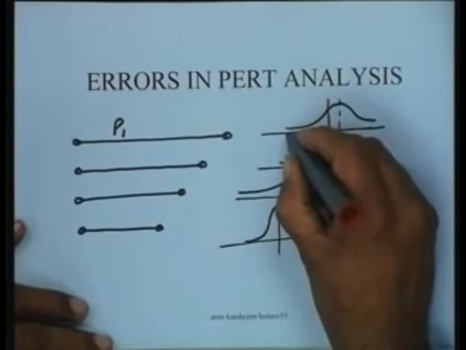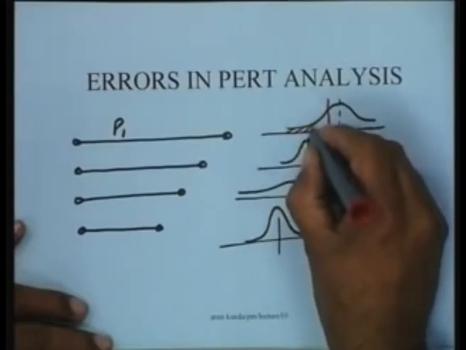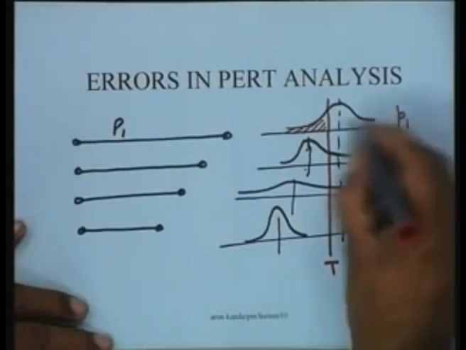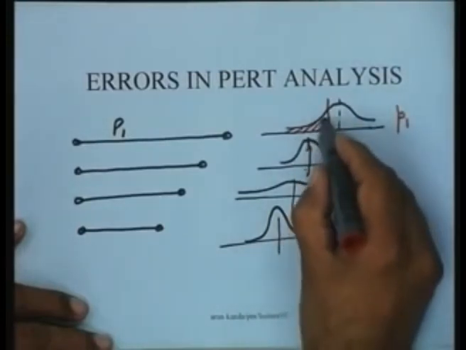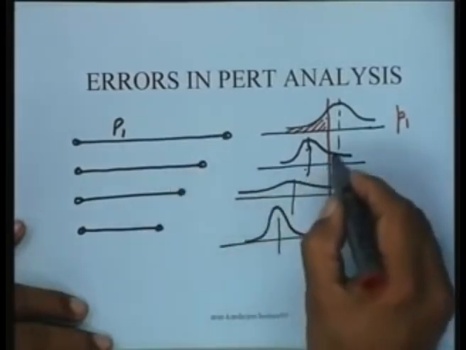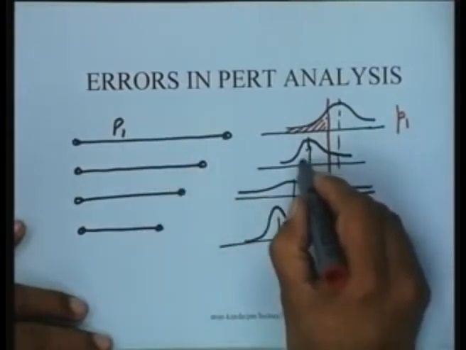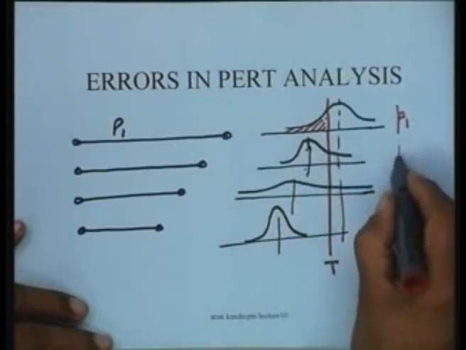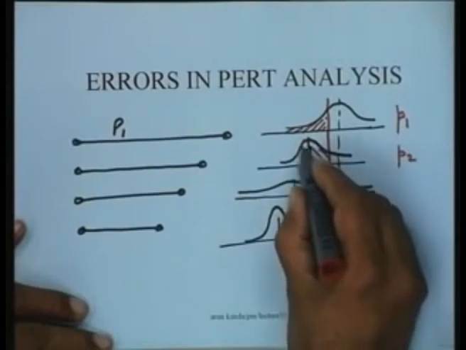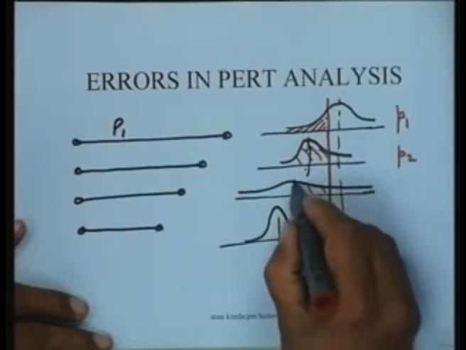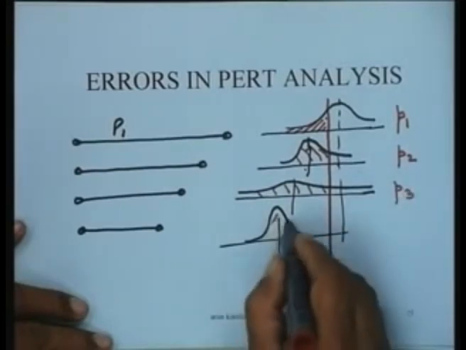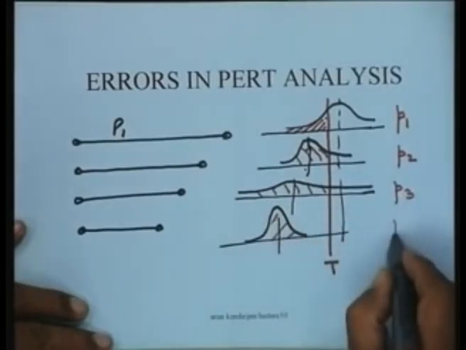In the standard PERT analysis, all that we say is that this probability is P1, which we compute by a standard normal distribution, given by this area. Now corresponding to this path also there would be a certain probability. This would be P2, which is actually this area. This would be P3, and this entire area, whatever it is, is P4.